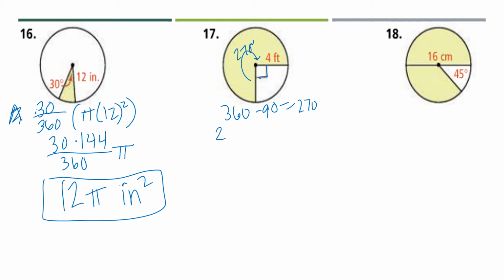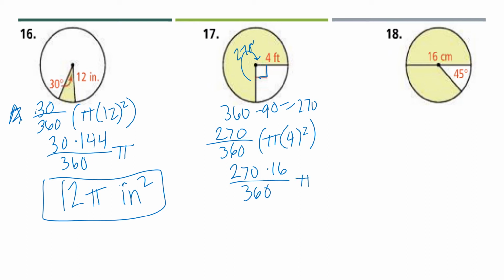So we're going to use that for our formula, 270 over 360 times pi r squared. The radius is 4. 4 squared, 4 times 4 is 16. And then we bring down that pi. 270 times 16 divided by 360 is 12. Bring down your pi and then make sure to write your units. So it's 12 pi feet squared.